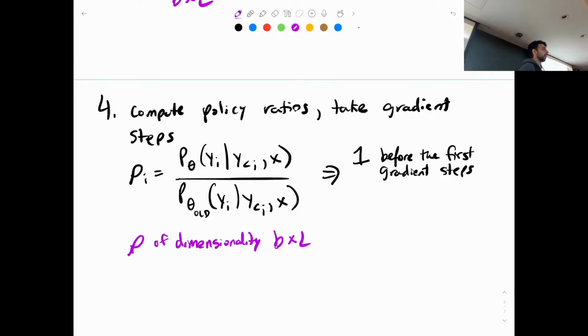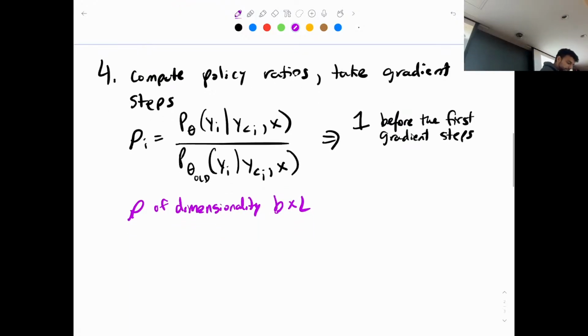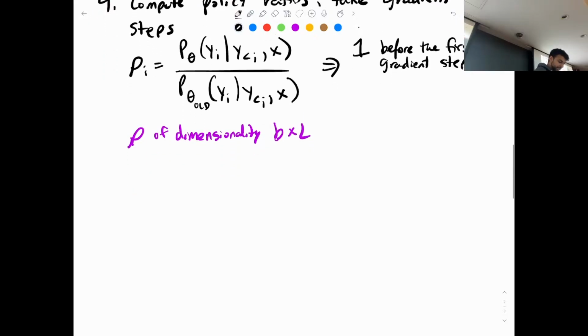So you can see how this fits with our advantage with the KL term included. They're both of the same dimensionality, which then allows us to compute this loss.